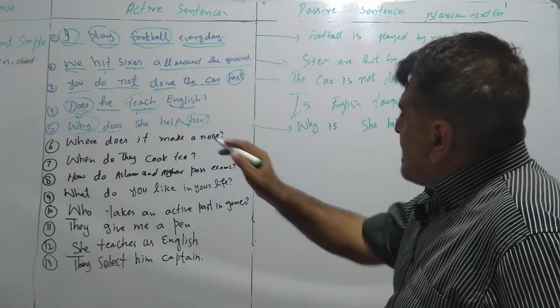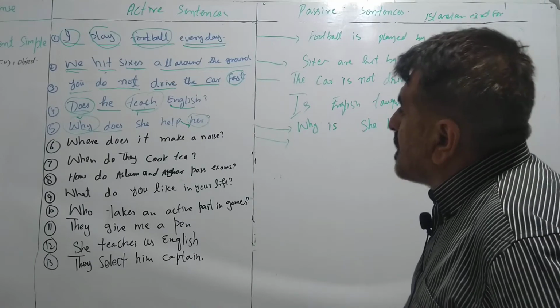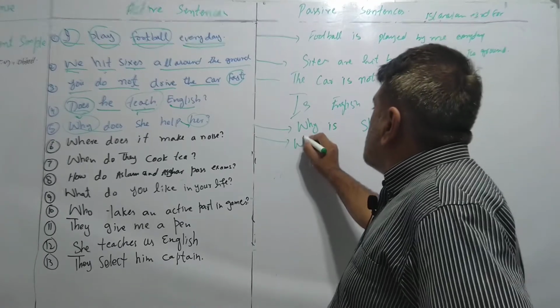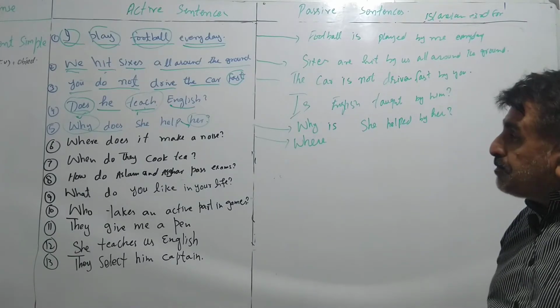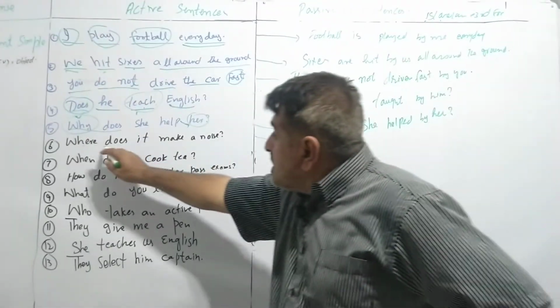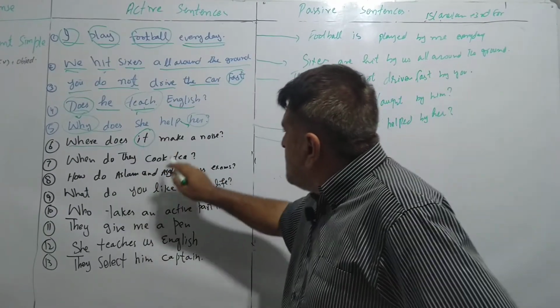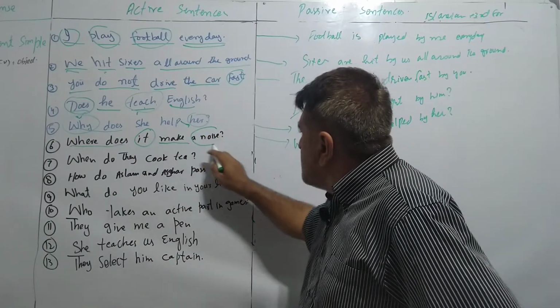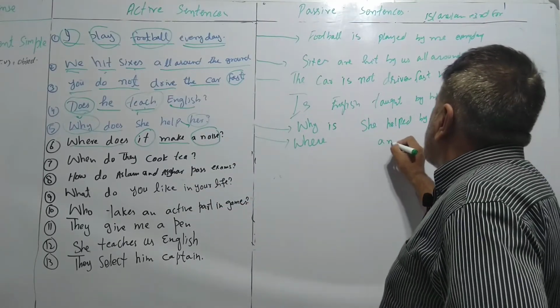Then one more just like this. You should not be confused. So you have this where. Then this is a WH question. This is your subject, this is your verb, and this is your object. Very simple, very easy. Anais is here.